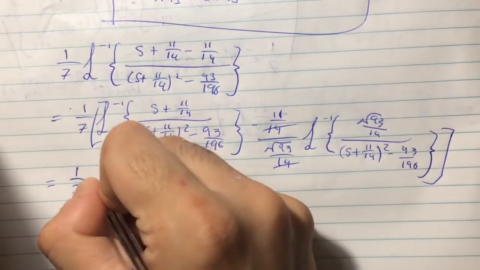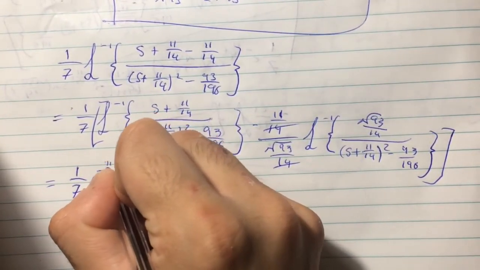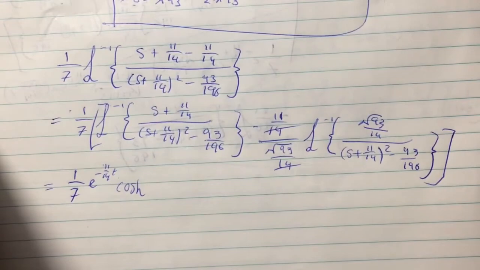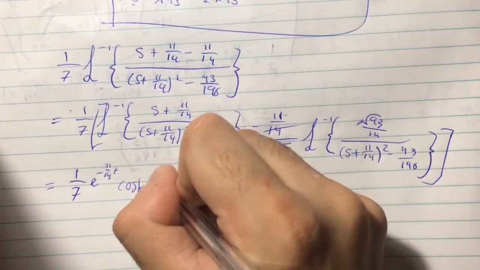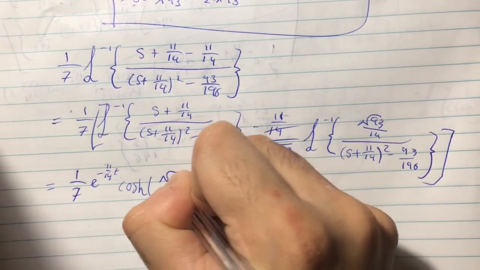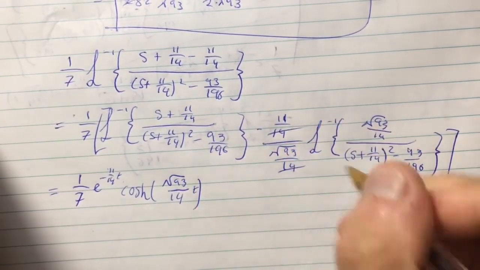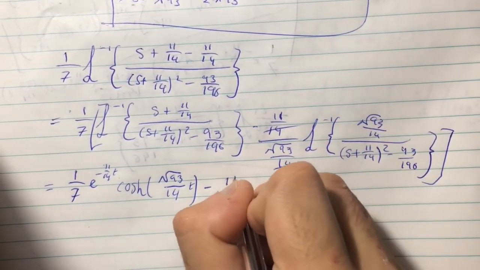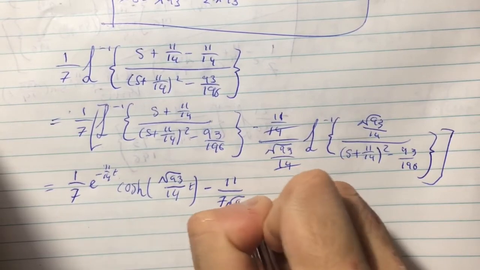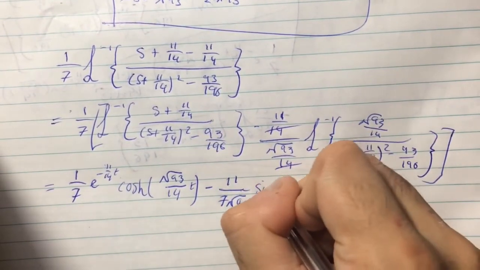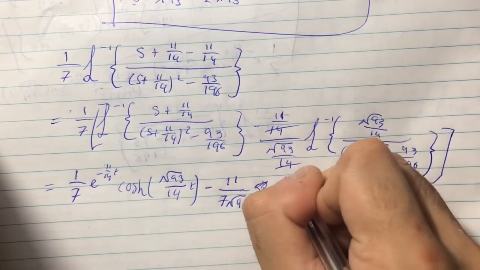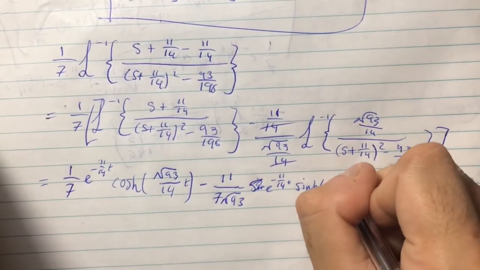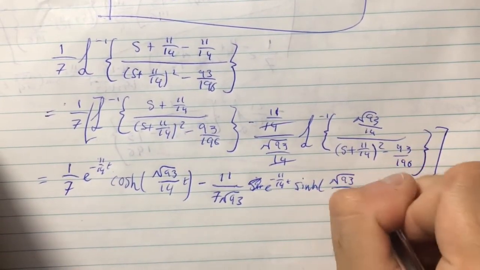This is 1/7 e to the minus 11 over 14t hyperbolic cosine, my only hyperbolic cosine term, of square root of 93 over 14t, and then that's minus 11 over 7 root 93 e to the minus 11 over 14t hyperbolic sine of the square root of 93 over 14t.